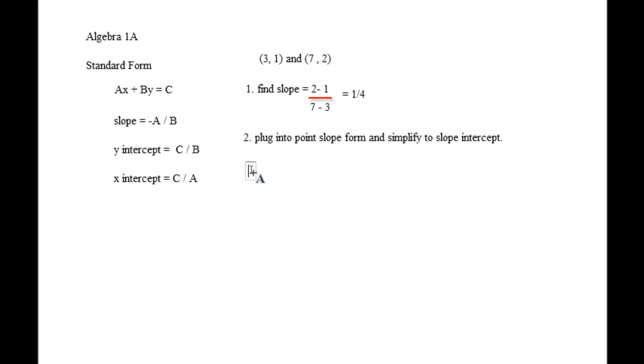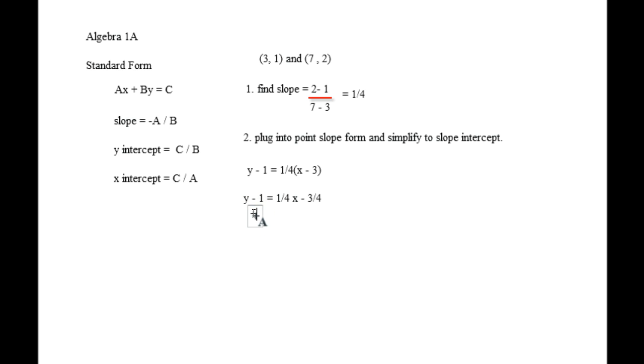So in other words, I'm going to go y minus 1 equals 1/4 times x minus 3. Okay, so what I do is I just distribute, so I should get y minus 1 equals 1/4 x minus 3/4. That's pretty simple.